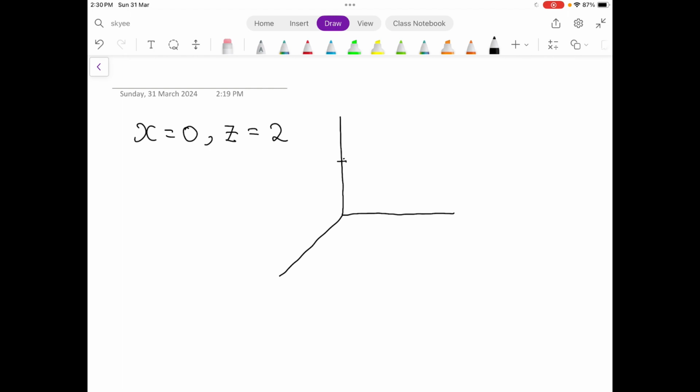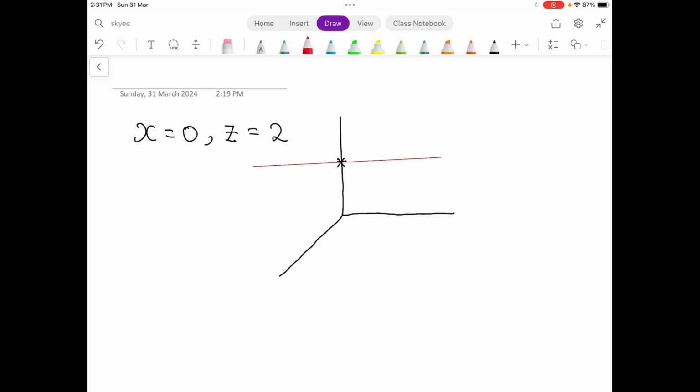So this is the position. When you draw the line, you draw it this way. It's a red line, and this red line is infinite.